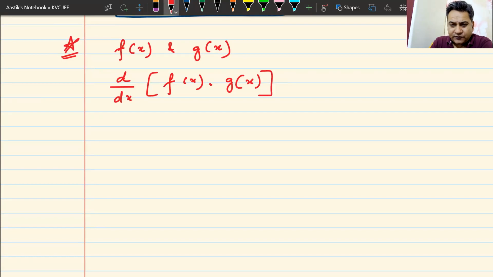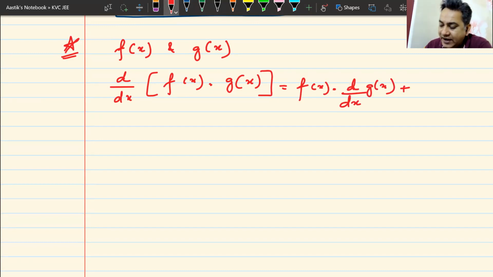Whether I have to find the full derivative or whether I have to find the partial derivative, the formula is same. In case of full derivative, I have to find out the complete derivative. In case of partial derivative, I have to find out the partial derivative. So this is multiplication of two functions. How do I find the derivative of multiplication of two functions? So what I do is I multiply the first function with the derivative of the second one.